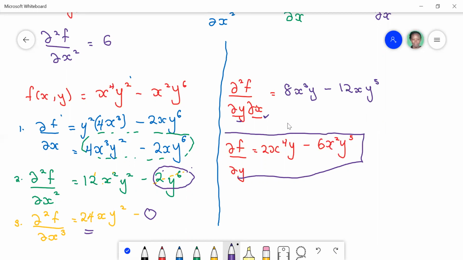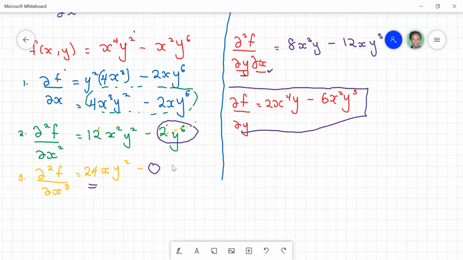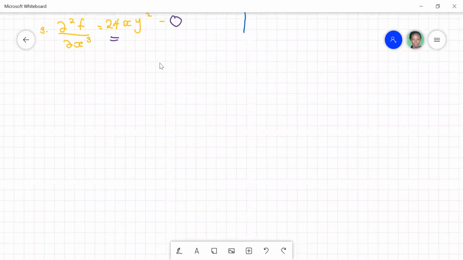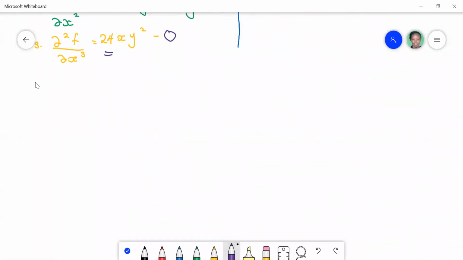Okay. So basically, these are the higher orders we are talking about. In other books, instead of writing partial derivative of f with respect to x, you have f subscript x. It means the same thing. If I have f subscript y, it means partial derivative of f with respect to y.